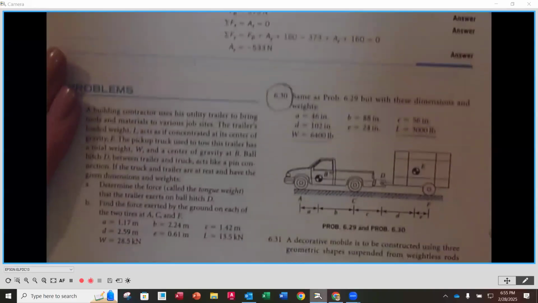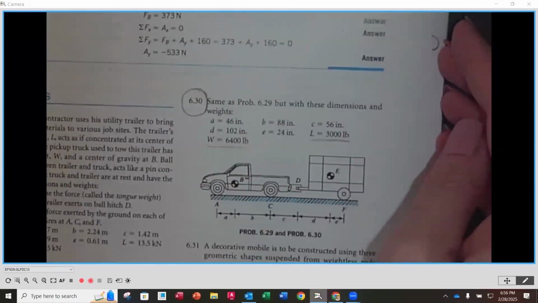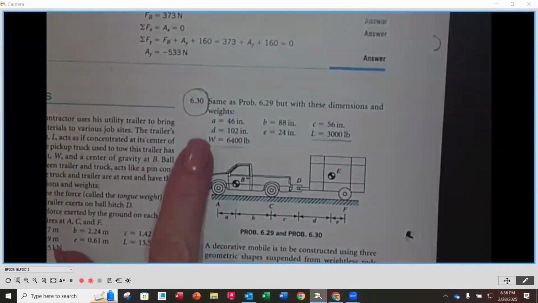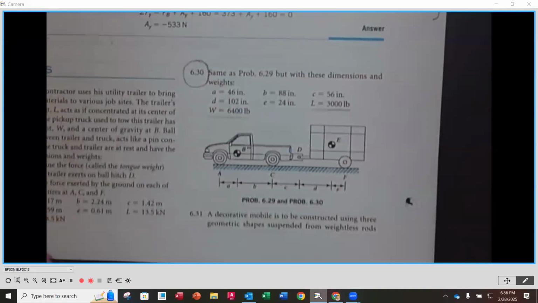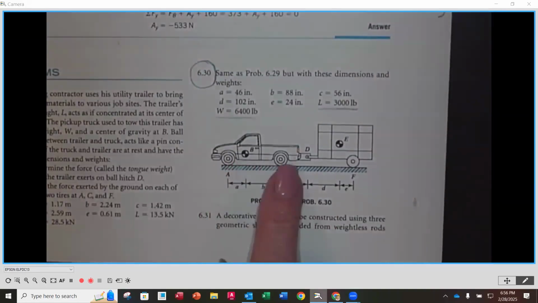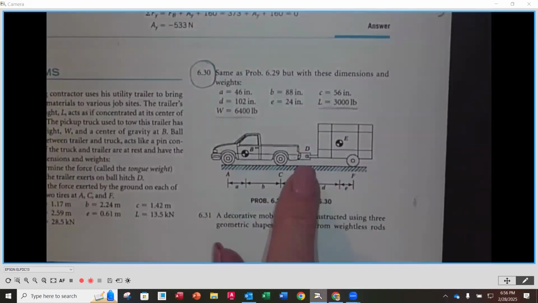And as we look down here, now this is a frame problem. This is 6.30. And you're going to notice that we're going to be looking at a truck and a trailer, and then it's attached with a pin right here.